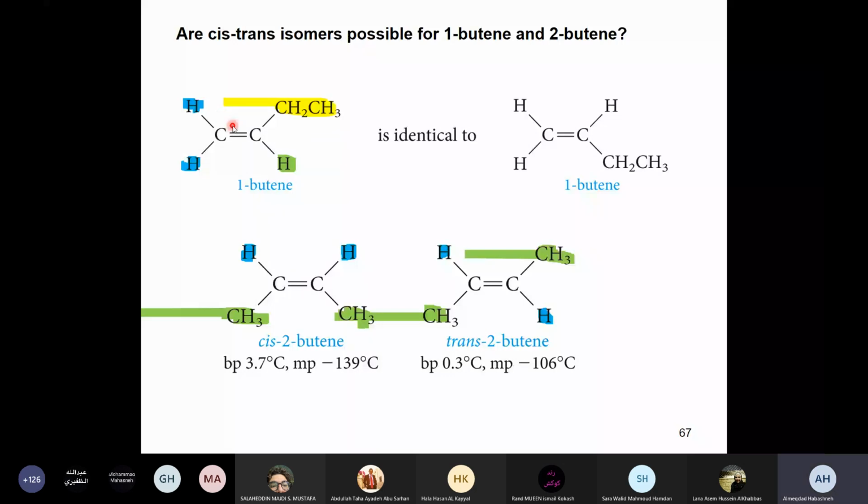If you replace the ethyl by hydrogen and the hydrogen by ethyl, in this structure, ethyl is facing hydrogen and hydrogen is facing hydrogen. Same as here, ethyl is facing hydrogen, and hydrogen is facing hydrogen.